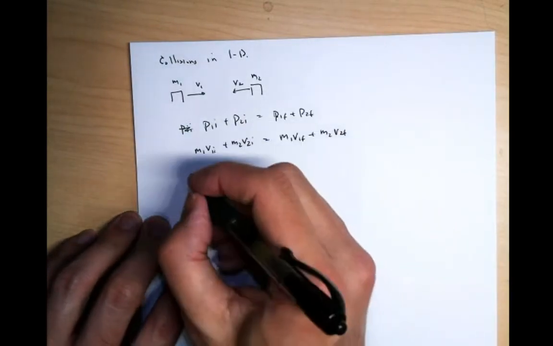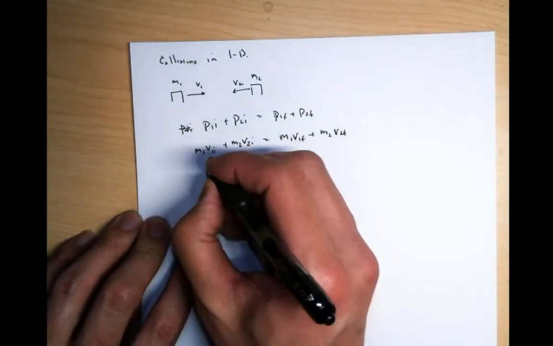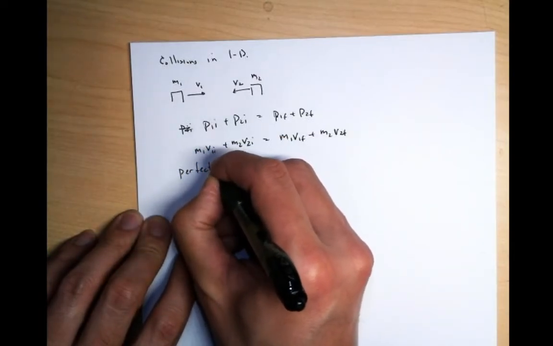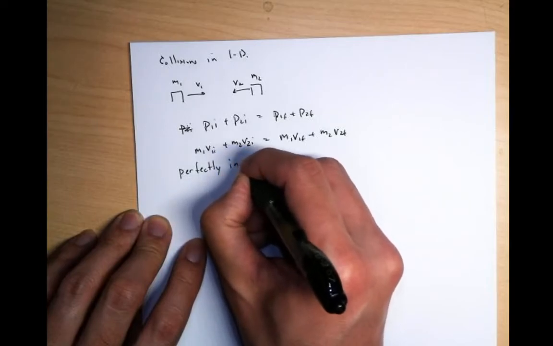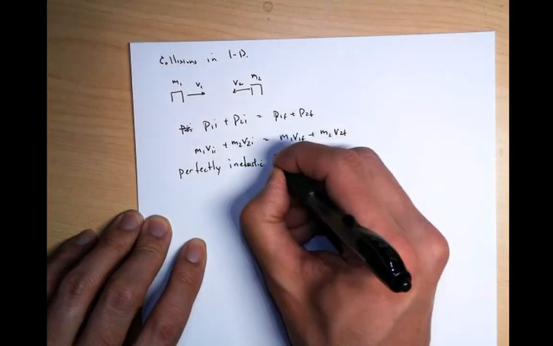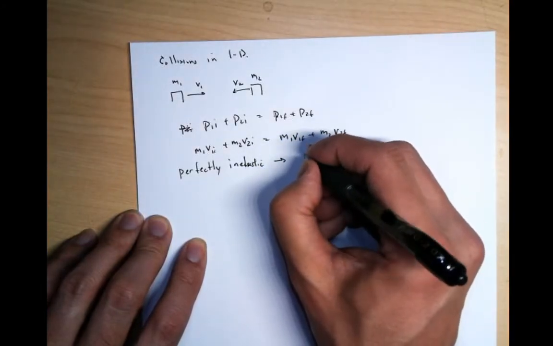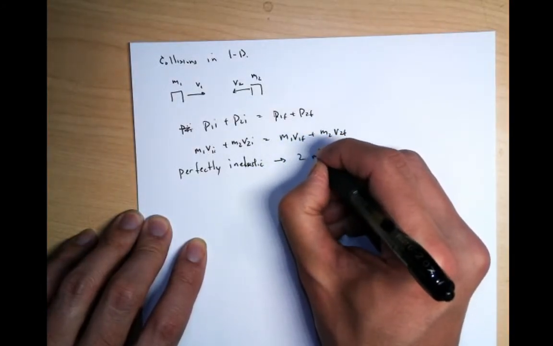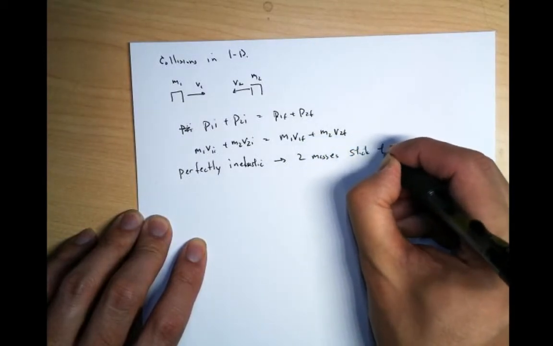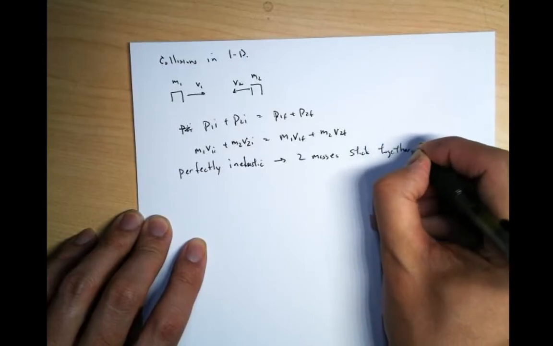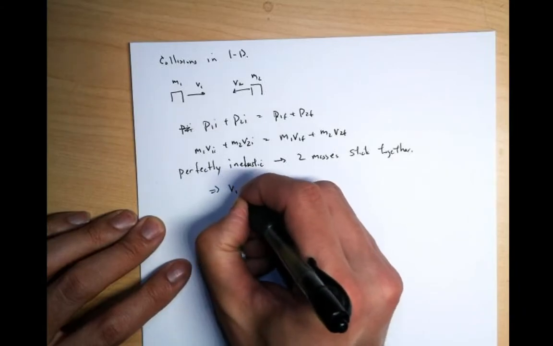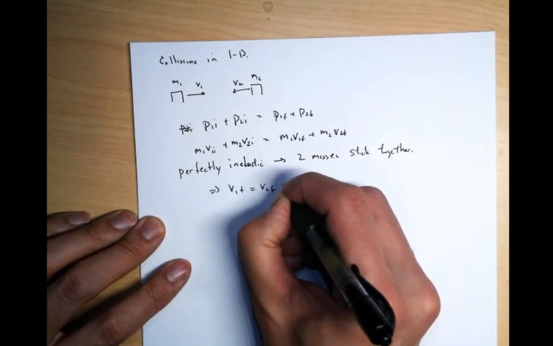Right? So we're going to a special case of inelastic collision called perfectly inelastic. And what this means is that the two masses stick together. So what that means is that V1F equals V2F, which is just equal to VF.